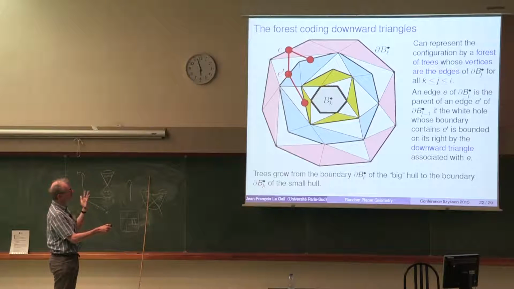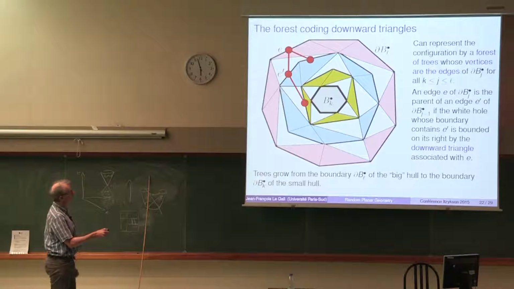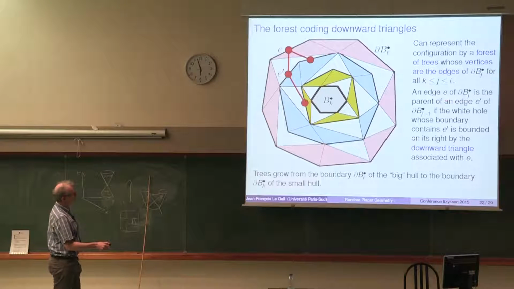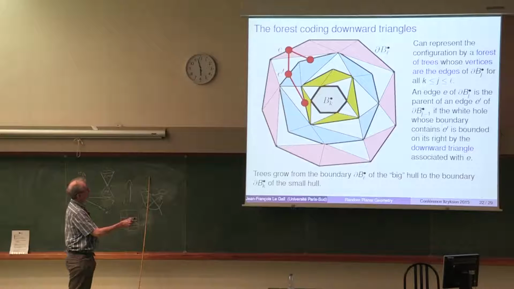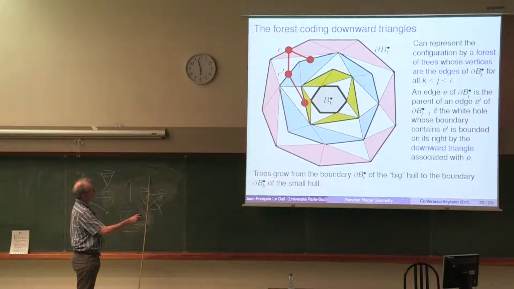So what is the genealogical relation if you want to get my forest? So I say that this edge here, E prime, is a child of this one. This is why I have drawn here an edge like this. When I look at the white hole that is incident to E prime, so this is this white hole, it is bounded on the right by the downward triangle associated with it.